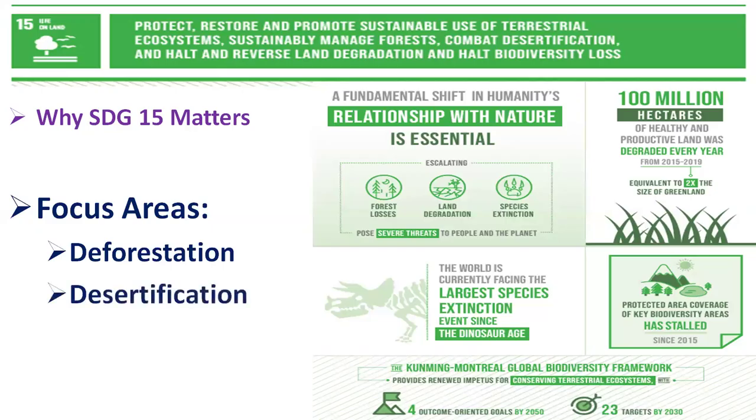Desertification: taking steps to achieve land degradation neutrality, promoting sustainable land management practices such as agroforestry and conservation agriculture, implementing measures to combat desertification and restore degraded land. And then protecting terrestrial ecosystems such as forests, grasslands, and wetlands, conserving endangered species and their habitats, protecting genetic diversity within species.